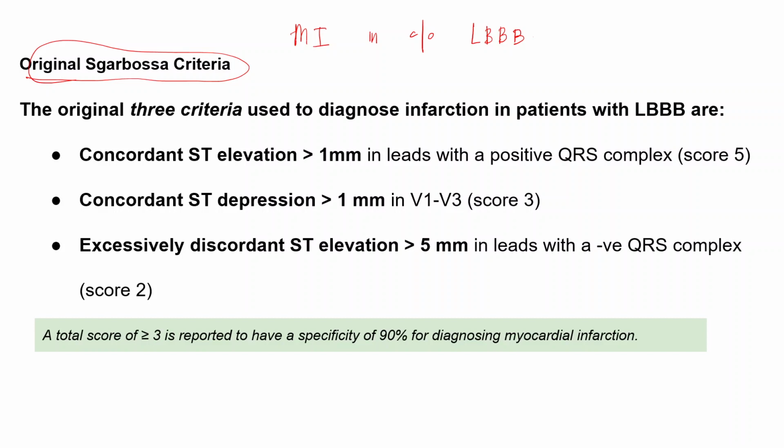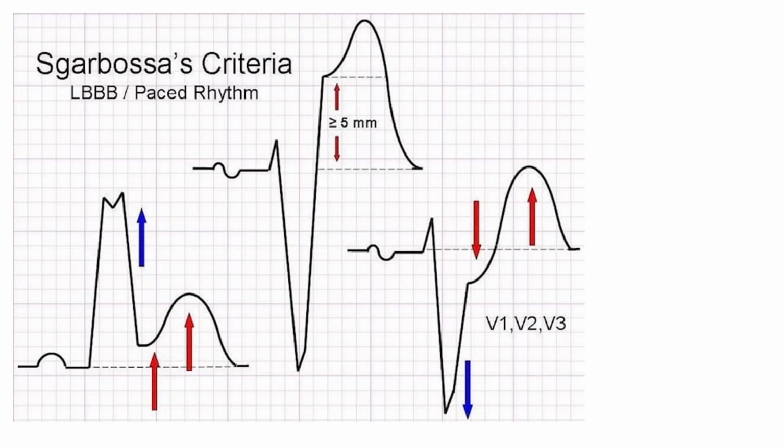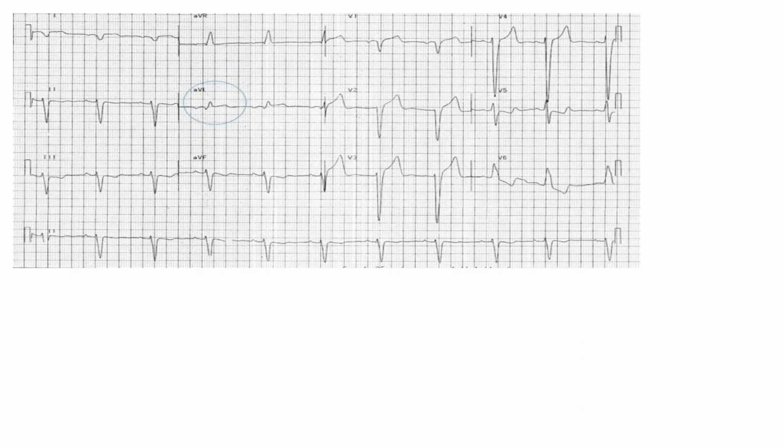The first is concordant ST elevation of more than 1 mm in leads with positive QRS complex, given score 5. Concordant ST depression of more than 1 mm in leads V1 to V3, given score 3. Excessively discordant ST elevation of more than 5 mm in leads with negative QRS complex. Now this may sound complex, but I'll show it in the ECGs, then we'll be able to understand.